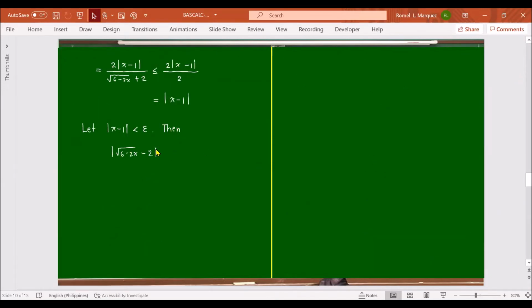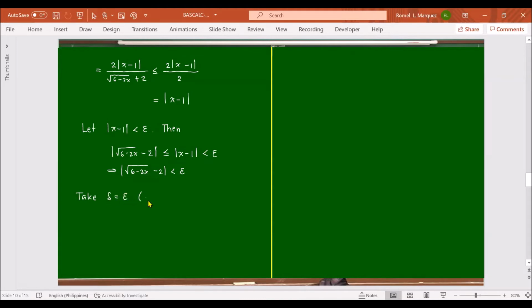Which is less than or equal to absolute value of x minus 1, but we force it to be less than epsilon, so this is less than epsilon. Okay? Yeah, for you to clearly see.